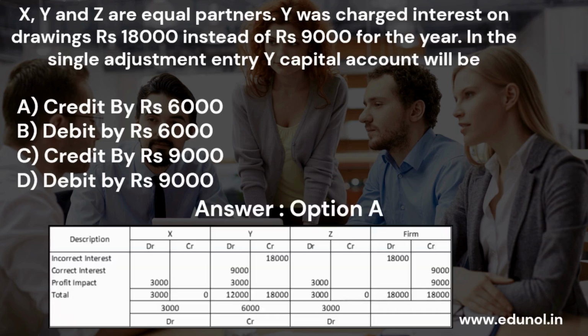Answer: option A. First, Y credited by 18,000 rupees. Then Y debited by 9,000 rupees. Lastly, Y debited by 3,000 rupees for profit share adjustment.